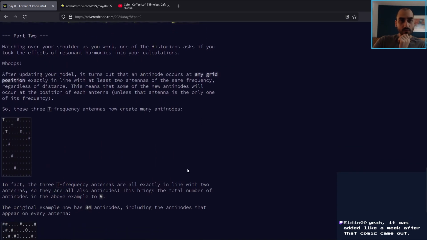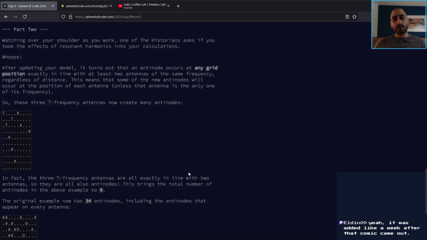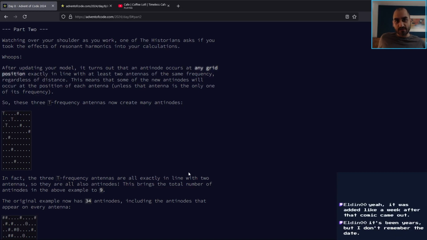Alright, part 2. Watching over your shoulder as you work, one of the historians asks if you took the effects of resonant harmonics into your calculations. Whoops! After updating your model, it turns out that an antinode occurs at any grid position exactly in line with at least 2 antennas of the same frequency regardless of distance.